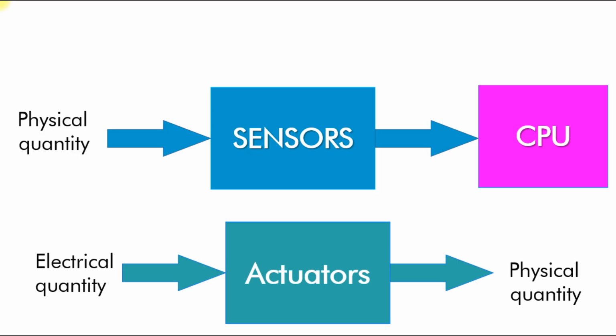The CPU, the so-called processor, processes the data, and according to the measured data it decides one action, one task, which is done only by the actuators. So it gives the control signal in terms of electrical quantity, the actuator acts upon it, and the equivalent physical quantity is produced by the actuator.